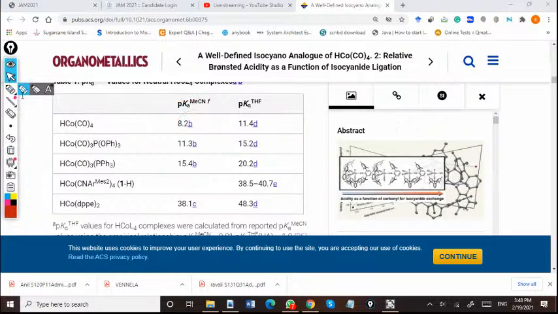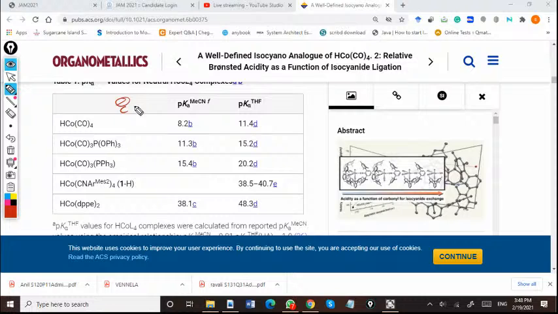When a carbonyl is replaced with triphenyl phosphine, the pKa is increased to 15.4. This is because an increase of pKa indicates a decrease in the acidity.